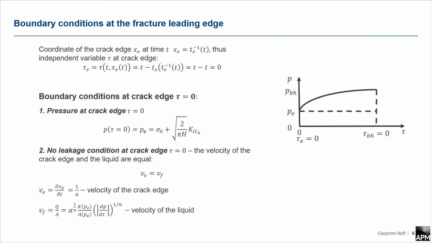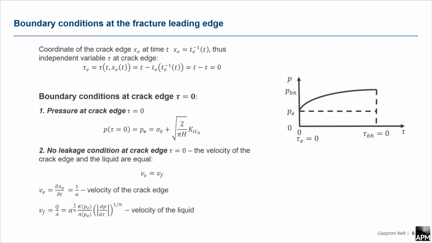To solve the presented equations, we must set the boundary conditions. First of all, we find the value of our independent variable at the fracture tip, and it's equal to 0. Then we set the first boundary condition. It is the value of our pressure, presented on the slide.